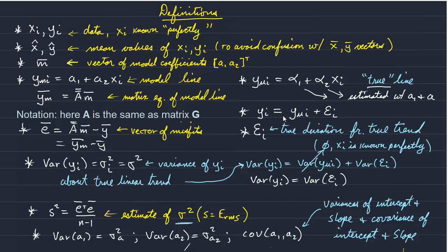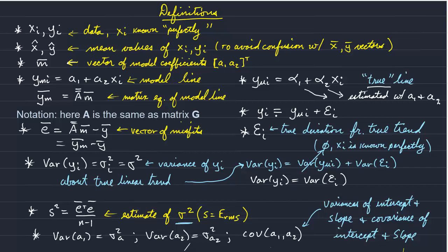The model line is contrasted with the true linear trend that influences our data. The parameters there are alpha 1 and alpha 2. Again, those are estimated by A1 and A2.